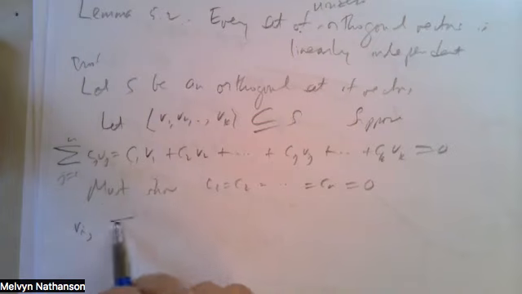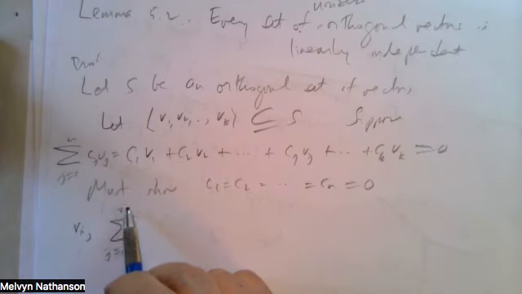So suppose I take vi, that vector vi, which is one of the vectors in this set, and I take its inner product with the summation cj vj, j goes from 1 up to k.